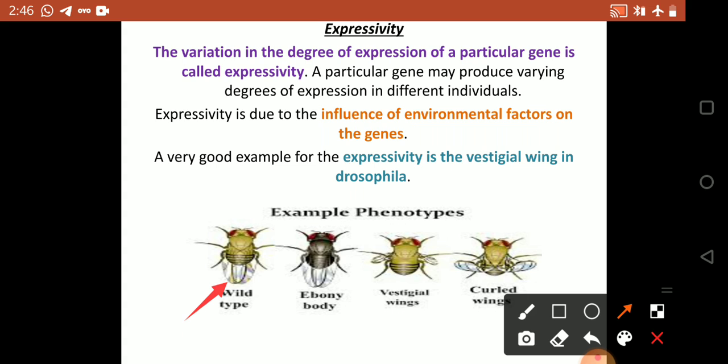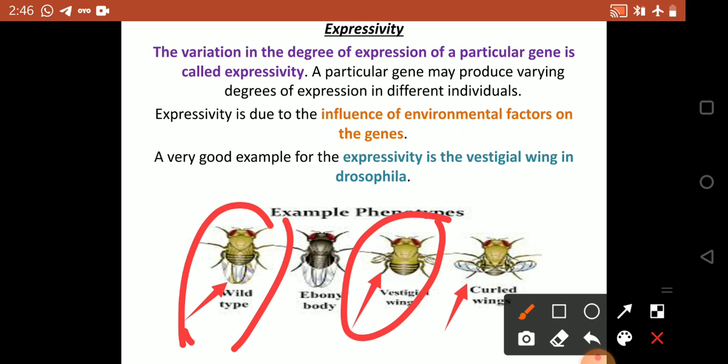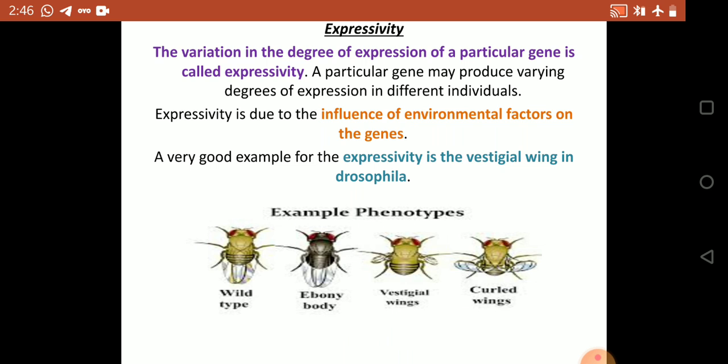Now go and see the vestigial wing and the curled wing. The curled wing is the same size, larger, but the wings are curled. But mainly concentrate on the vestigial wing. Here the wings are much reduced and very much smaller when compared to the wild type. So this is how expressivity takes place in the different phenotypes of Drosophila.